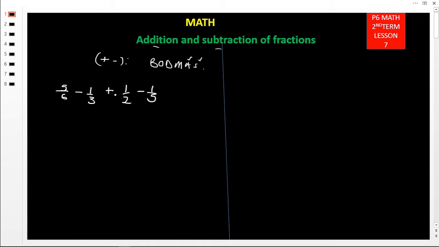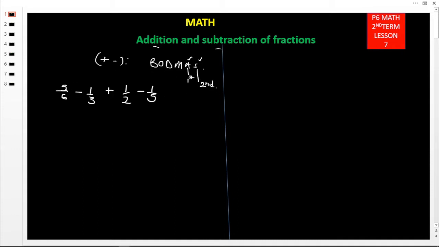We have subtraction and addition. That's why this calls for the use of BODMAS. In BODMAS, addition comes first, then subtraction comes second.